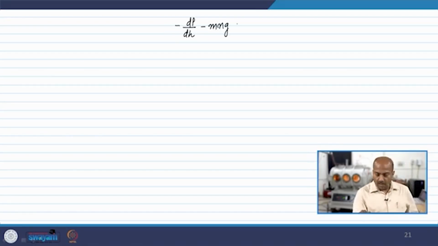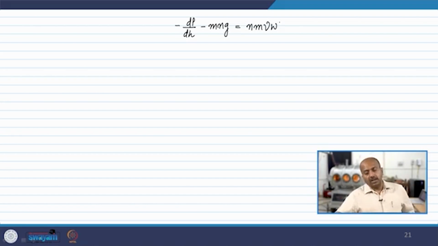So, without involving the electric field, we can write a simple equation indicating the force balance as, let us say, minus dP by dh minus n m g is equal to n m omega w. So, this equation is familiar, we have already written the same equation in the last class.